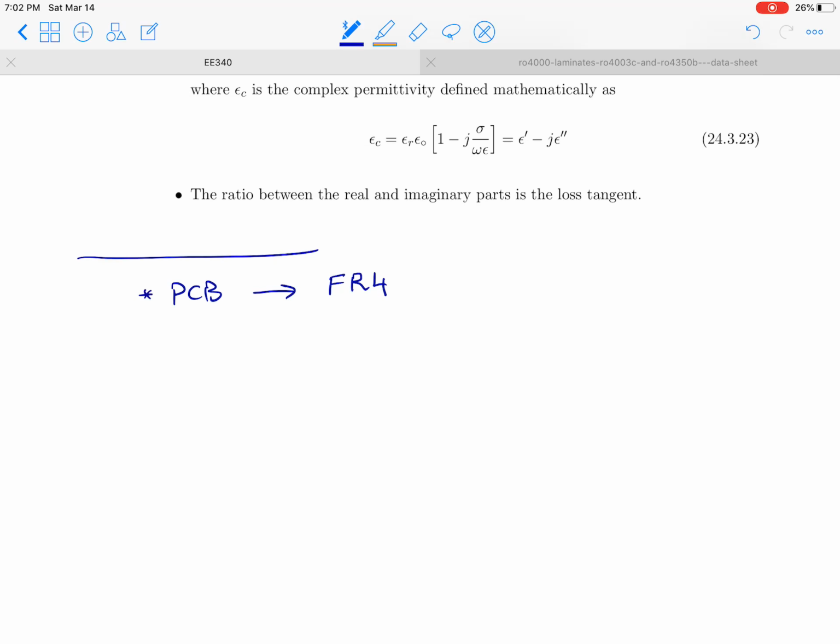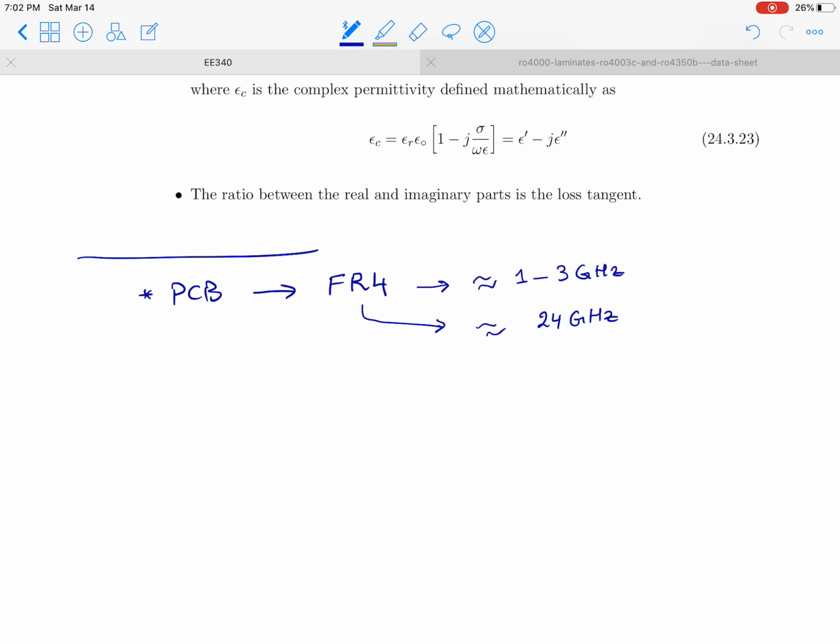This one is known as FR4. It is reasonable for frequencies in the range of 1 to 3 gigahertz. However, if you want to go to almost millimeter frequencies, say 24 gigahertz, FR4 is really a very bad choice. That's why FR4 usually is the cheapest one.